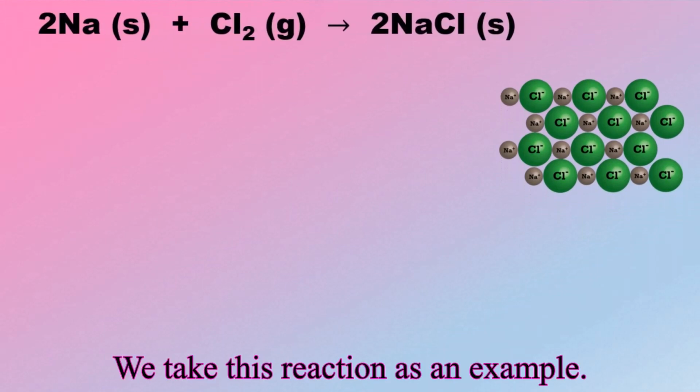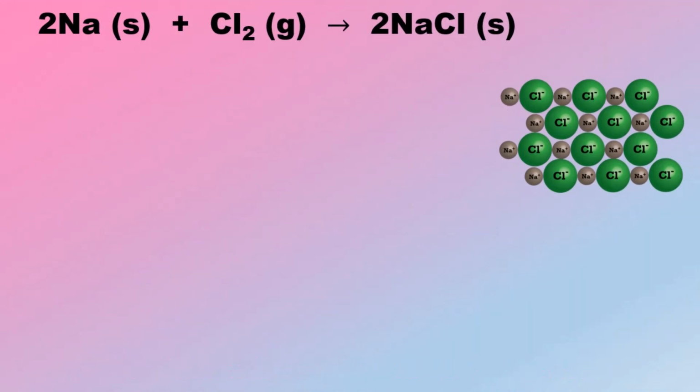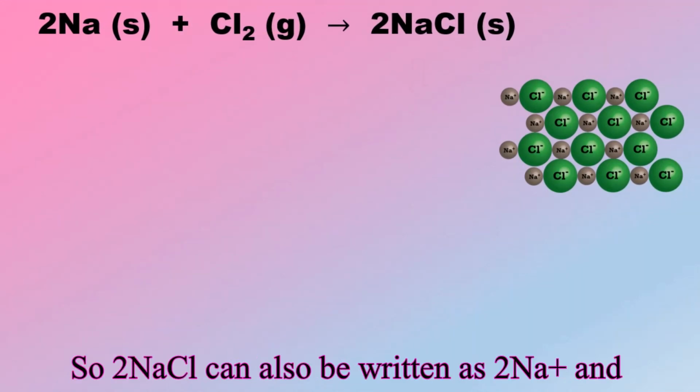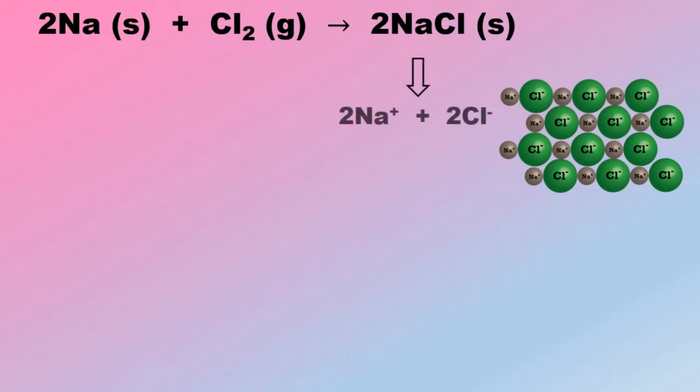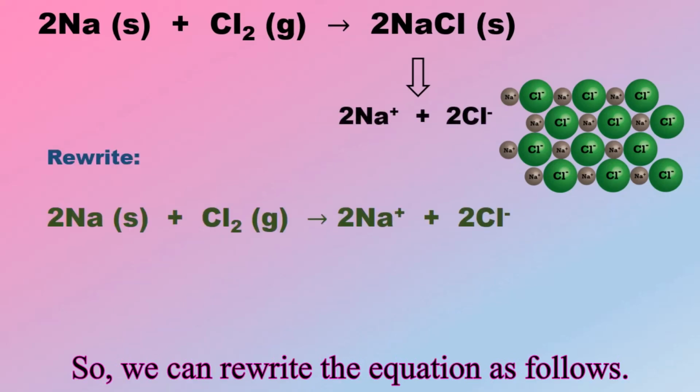We take this reaction as an example. So 2NaCl can also be written as 2Na+ and 2Cl-. So we can rewrite the equation as follows.